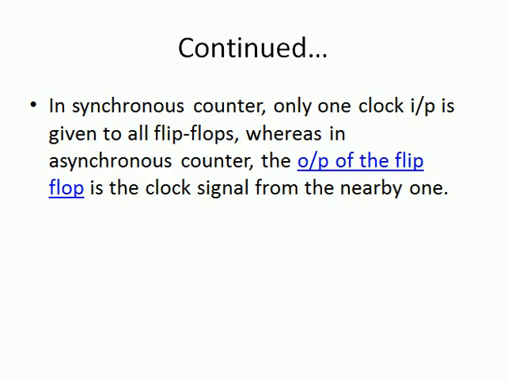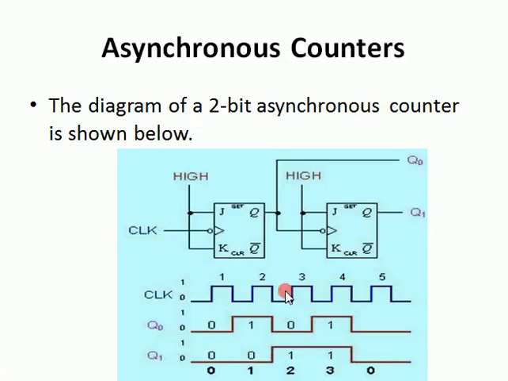Similarly, the output of the second flip-flop will be the clock signal for the third flip-flop. So in an asynchronous counter, the output matters, as the output of a flip-flop becomes the clock pulse of the next one. That is the asynchronous counter.